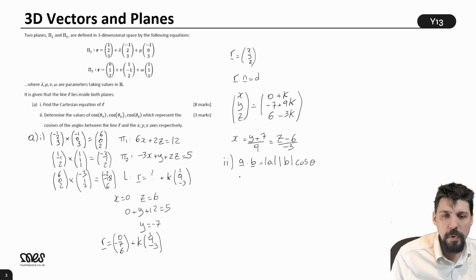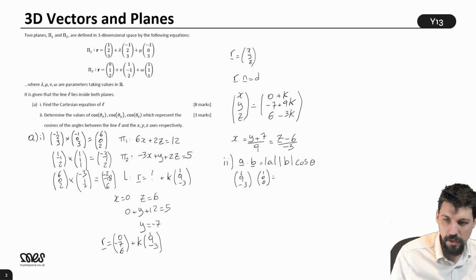So first things first, we want theta x with the x-axis, so we're going to take our direction vector, (1, 9, -3), dotted with the vector (1, 0, 0), is equal to the length of that, which is square root of 1 squared plus 9 squared plus 3 squared, which is square root of 91.